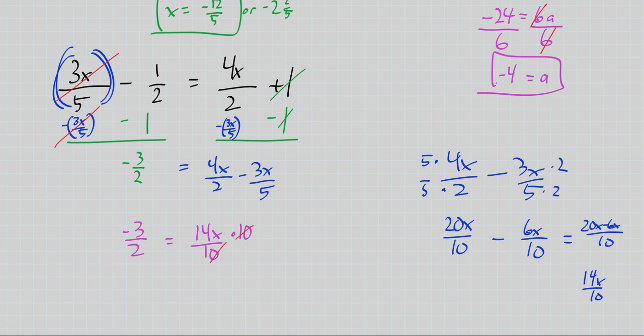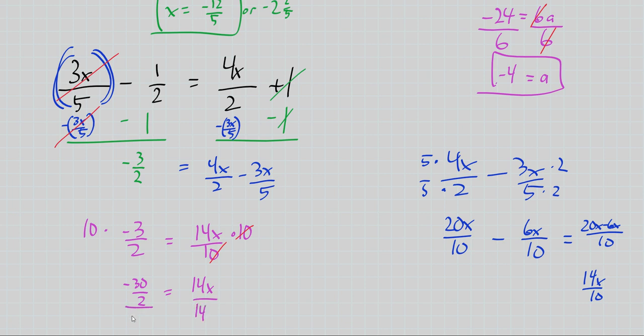That's good. Multiply by 10 over here as well. Right now I'm at 10 times negative 3 over 2. Or I could just do 10 times negative 3, which is negative 30 over 2, is equal to 14x. One more step, divide by 14.